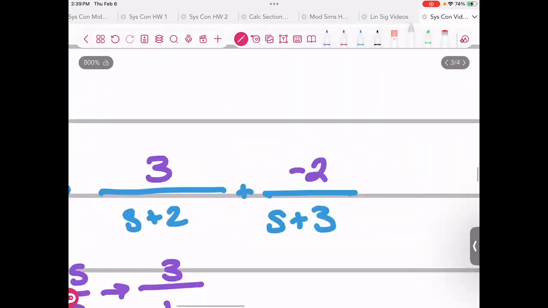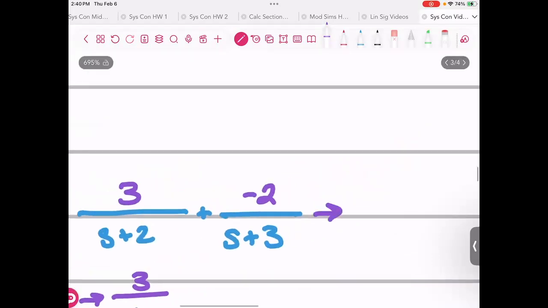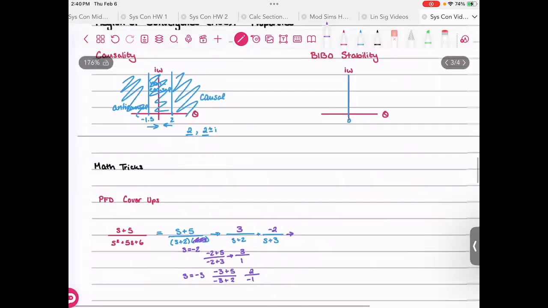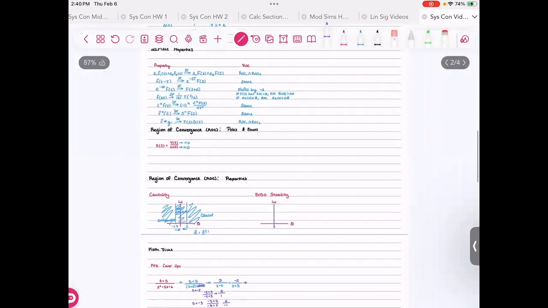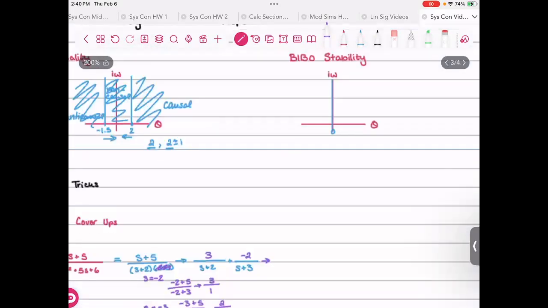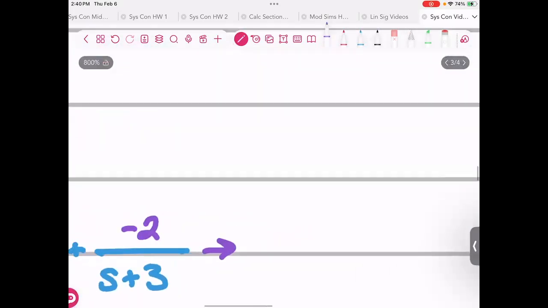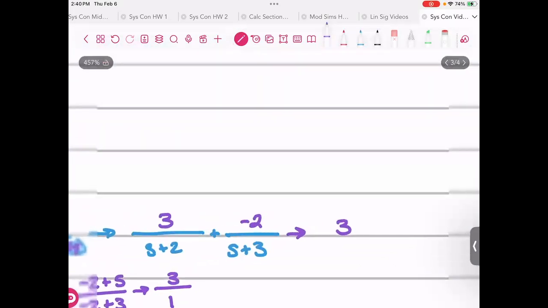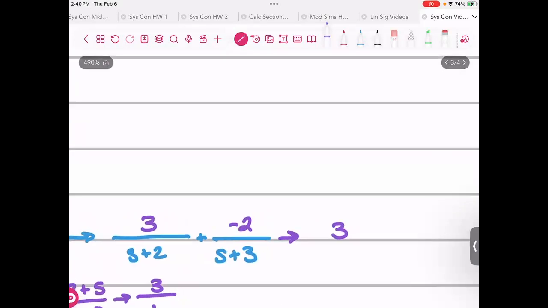Just for practice, let's take this now and do an inverse Laplace transform on it. We see that this has s's, so it's in the Laplace domain. If we refer back to our Laplace table, we see here that 1 over s minus a is e^(at) u(t). In our first one, we're multiplying by 3, so we're going to do 3 times, and then it's s minus a.